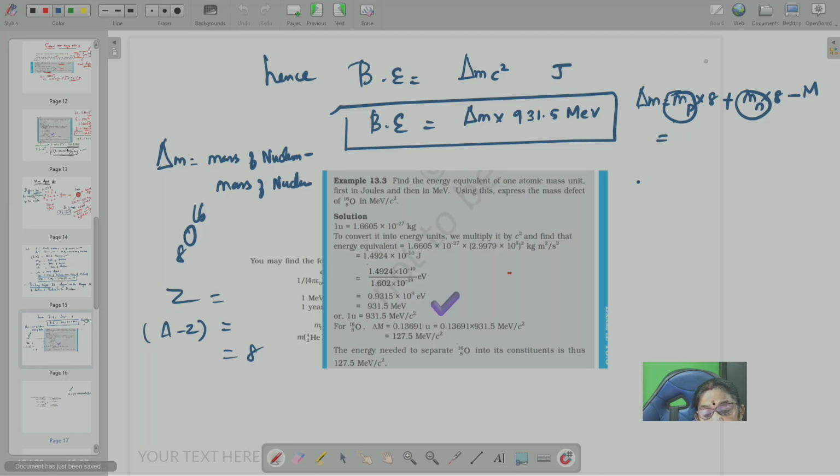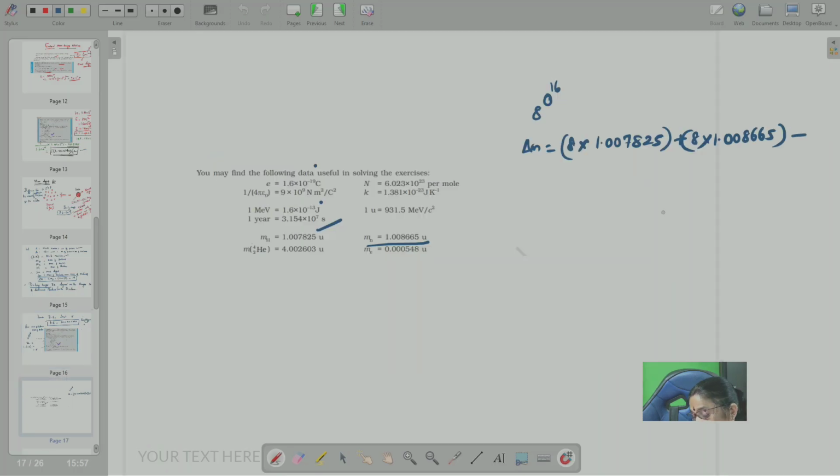So now I can take the same thing here and, yeah, 15.99493 U. Okay children, it's very simple.